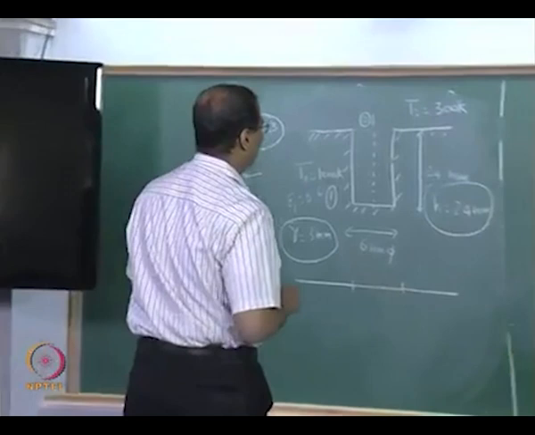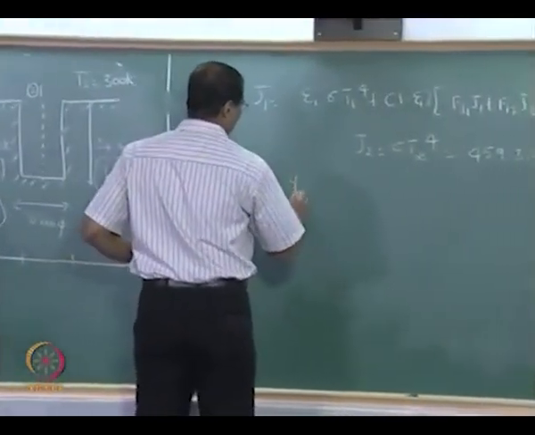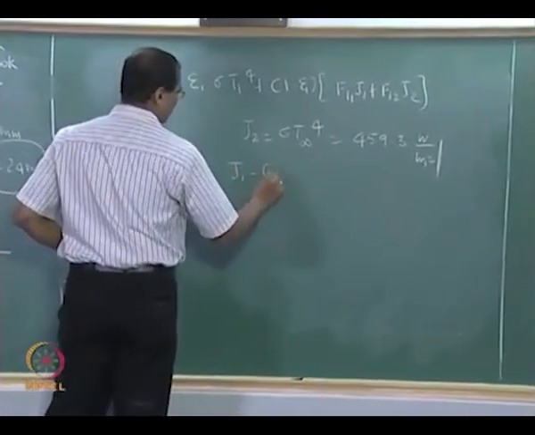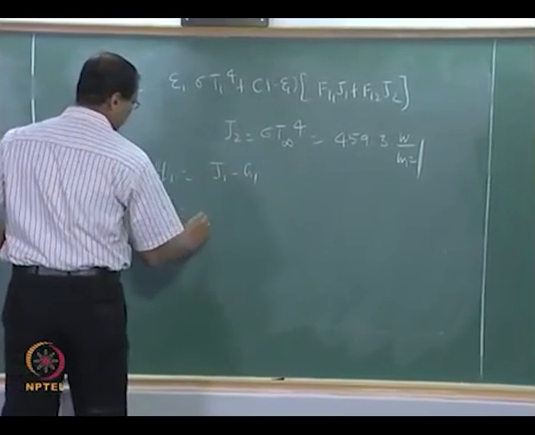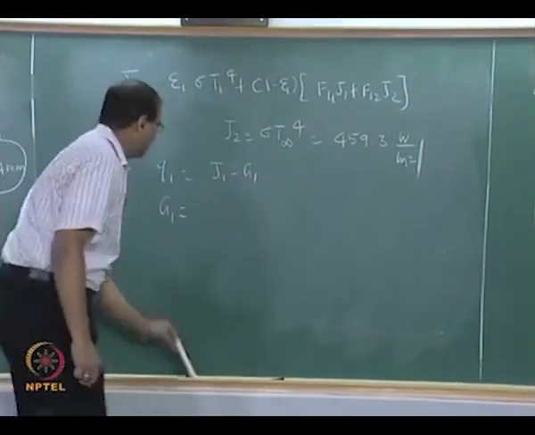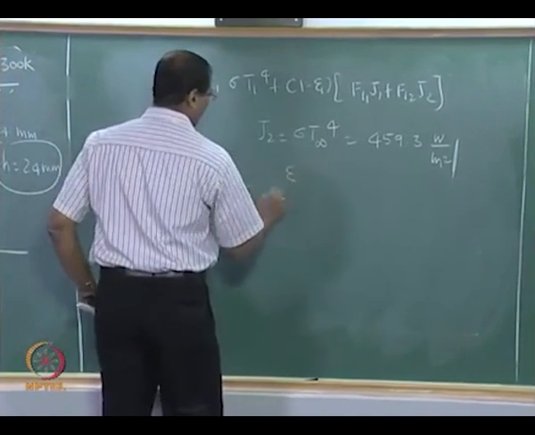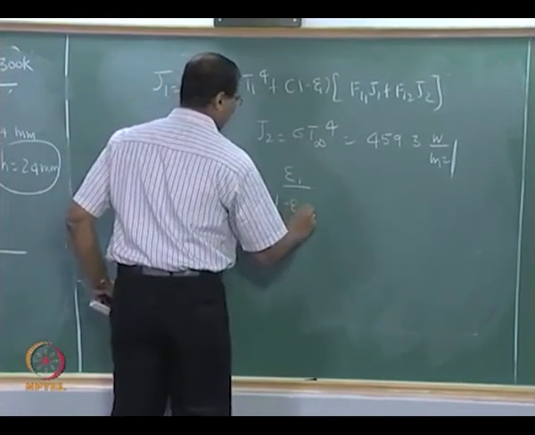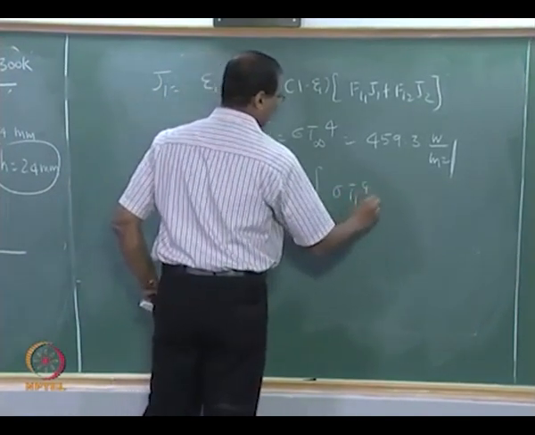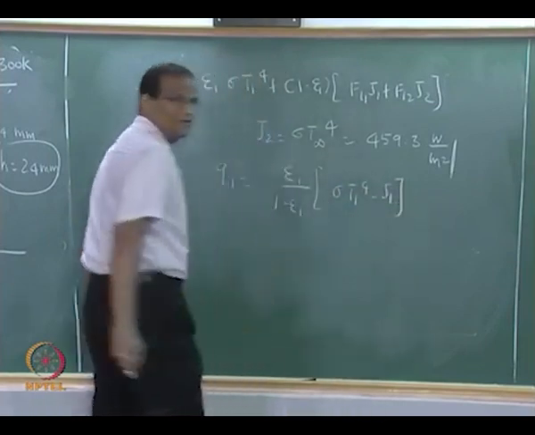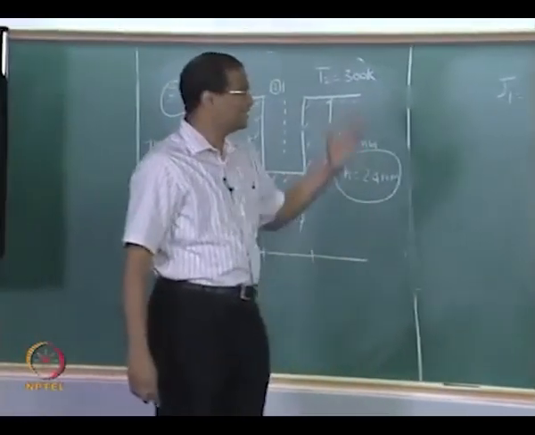Now what is now, why unnecessarily, we can use this, right? Fine. Let us get J1 now.